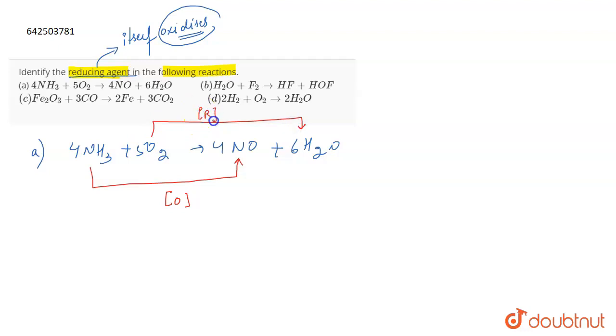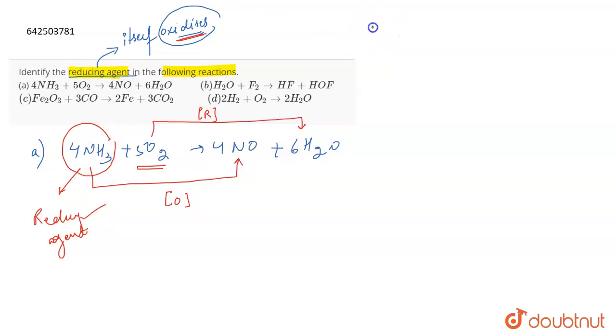This is reduction because of the addition of hydrogen. Addition of hydrogen is reduction, addition of oxygen is oxidation. As O2 is getting reduced and NH3 is getting oxidized, this NH3 which is getting oxidized is actually the reducing agent, because the substance which itself gets oxidized is known as the reducing agent. So for this reaction, ammonia NH3 is the reducing agent.